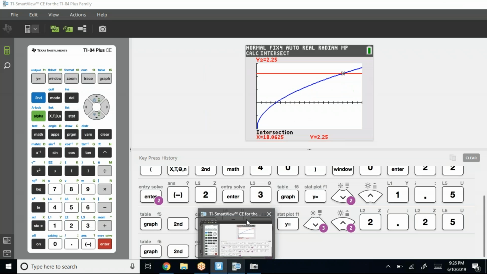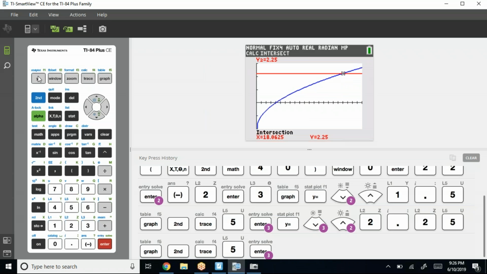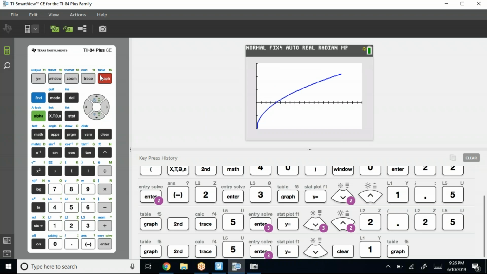So what we're going to do is hit this. We're going to draw a horizontal line at 1. And the reason we're going to do that is it's going to allow us to put 1 there. Find that x, and that's what we're wanting.